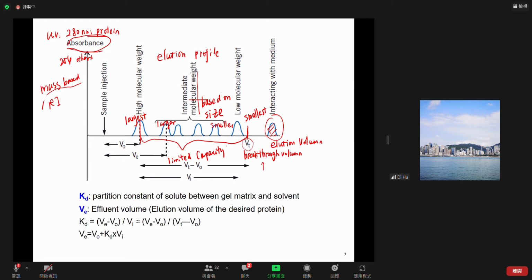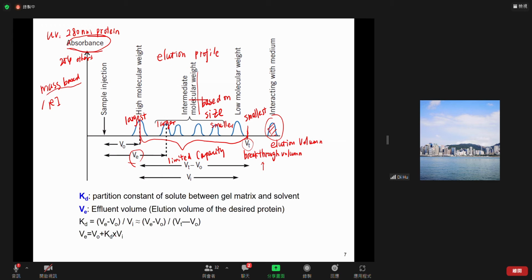And VE means effluent volume. Instead of retention time, here it is retention volume, so that would be VE for the compound, the elution volume of this designated compound.